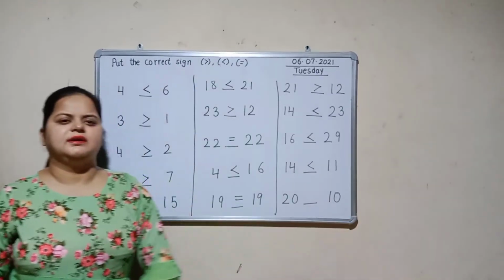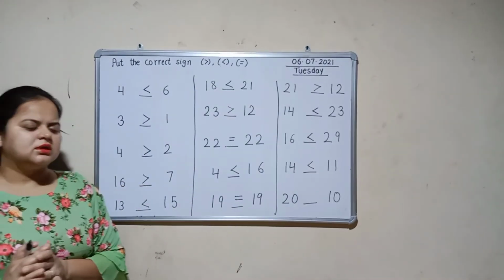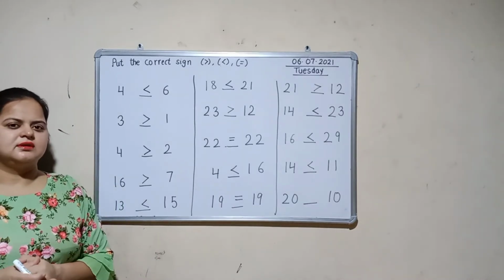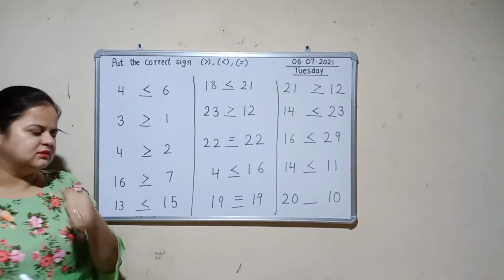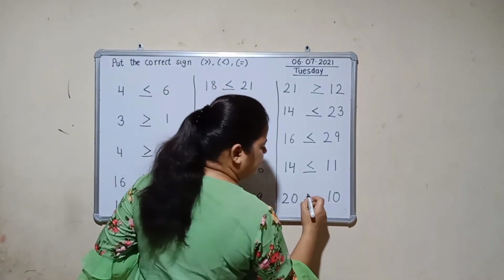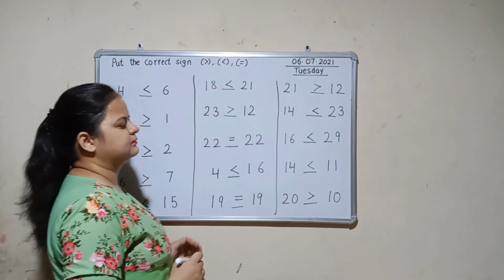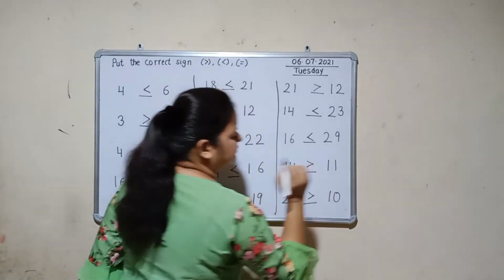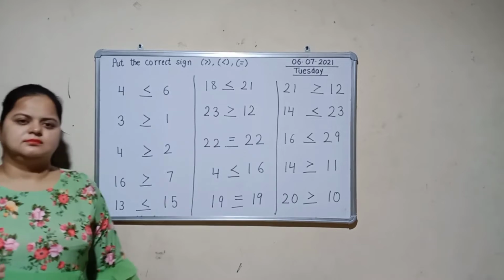20 and 10. Okay, tell me quickly, hurry up. 20 and 10, which is the smaller number? Yes, good. 10 is the smaller number and 20 is the greater number. Done?